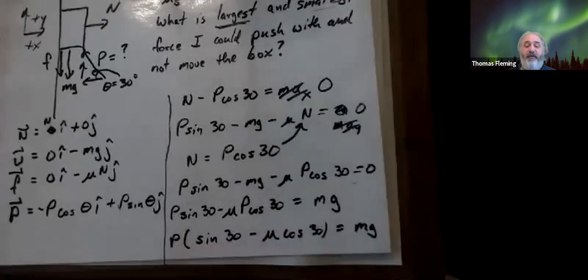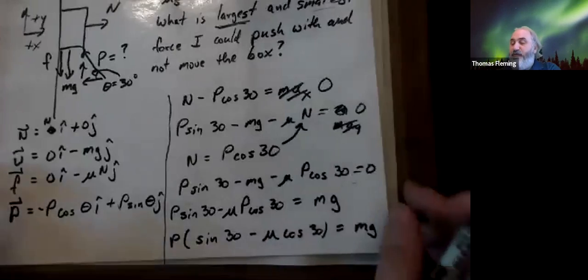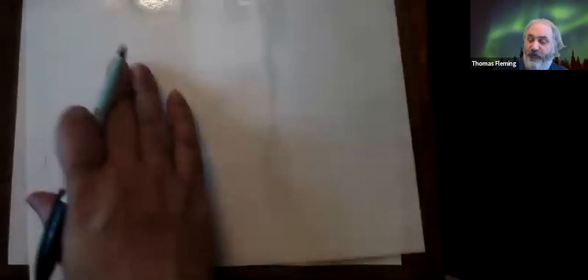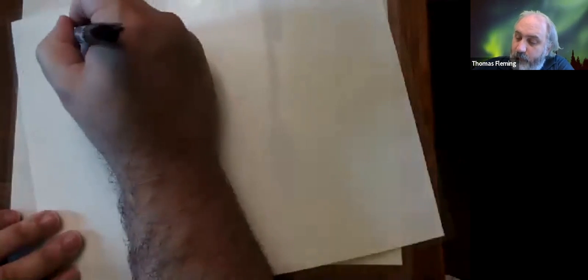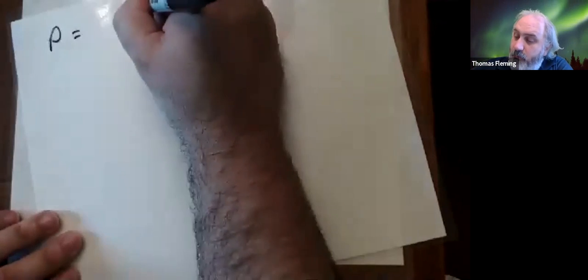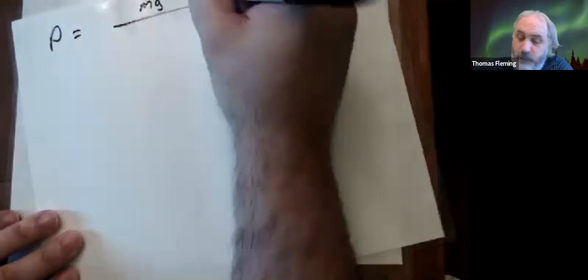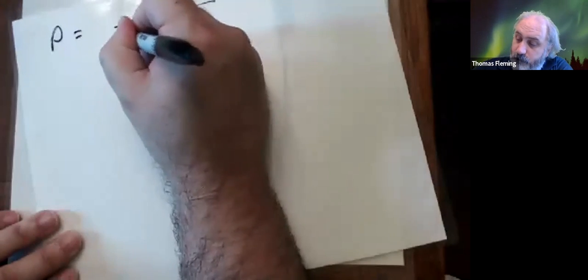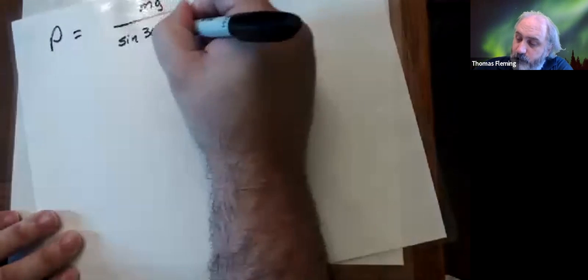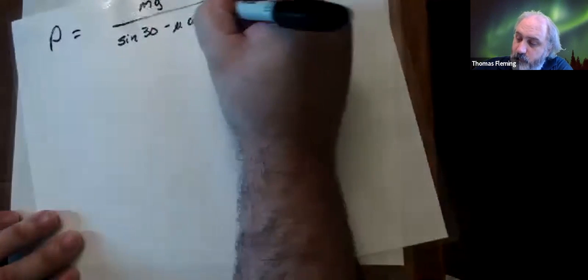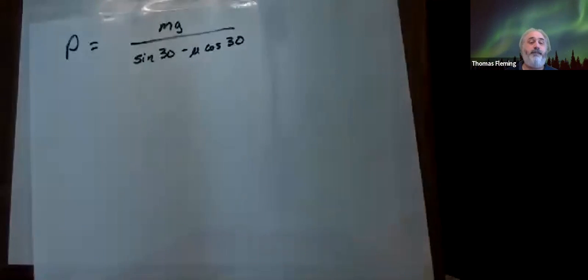And so now it's pretty easy because once I factor it out, I can just divide by all this ugly mess. And my final answer to this entire little fiasco looks like that.